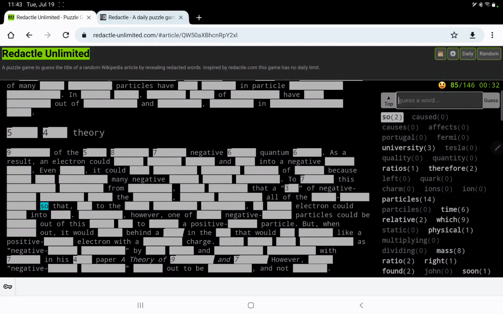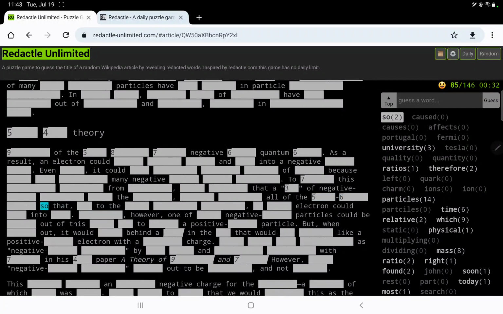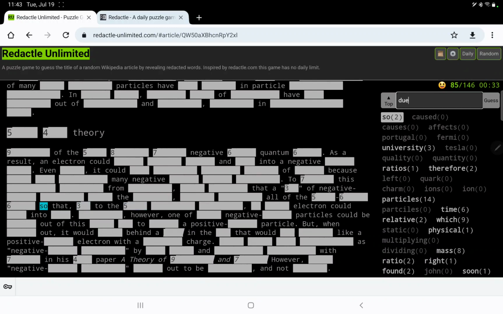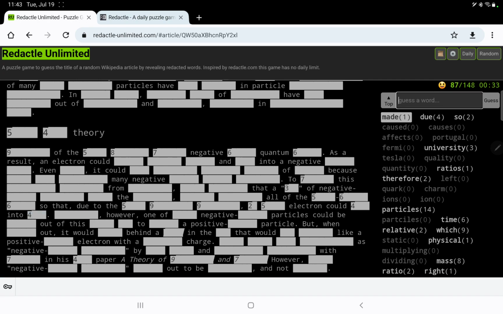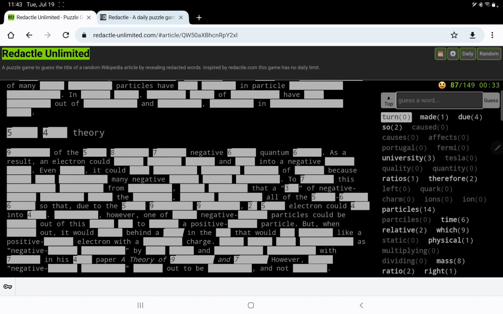So, we have 2 so's. All of the 566, so that due to the 599, 2-5 electron could be made, could turn into, no, could something into 4.